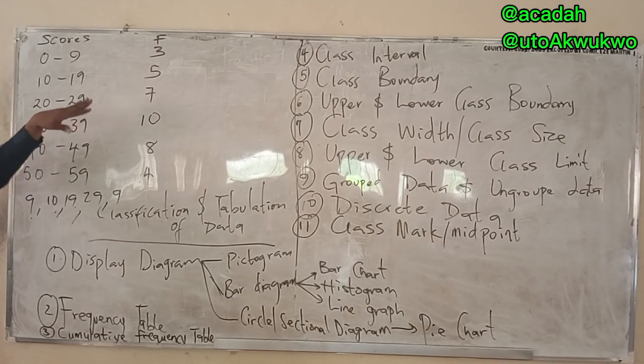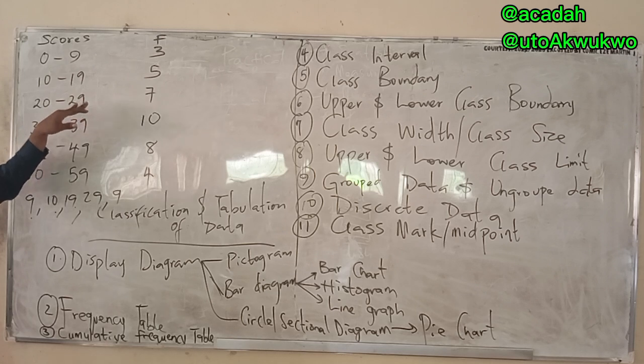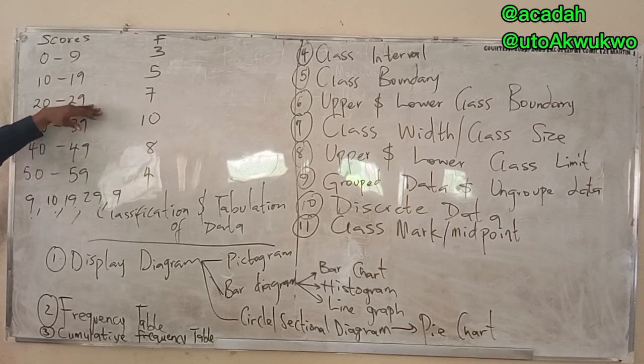Class interval is simply the difference between two successive upper class boundaries. So if I have 29, that is the upper boundary of a class.